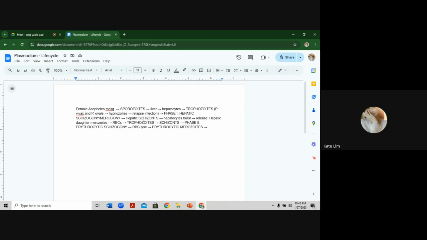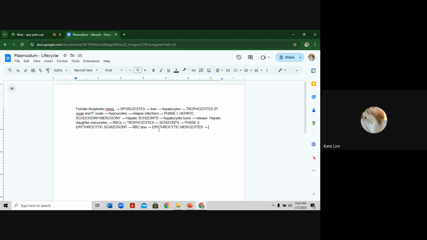And this is what we call the intraerythrocytic life cycle or the intraerythrocytic schizogony. Your Plasmodium falciparum undergoes intraerythrocytic schizogony 5 to 10 cycles.